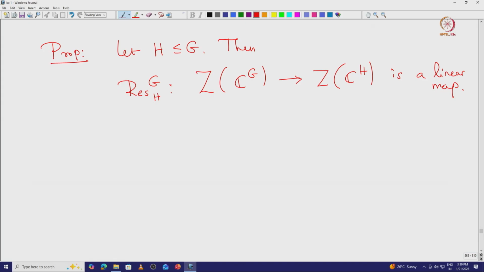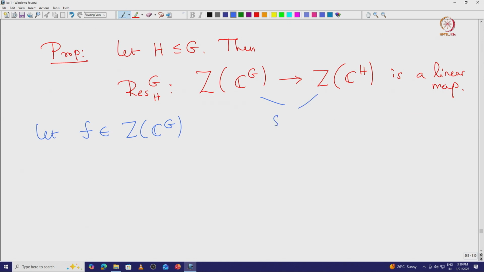Basically what we need to verify is, if we take a class function f from Z(C G), then the image of that f, that means the restriction of that function to H, is again a class function, which is indeed a one line proof. So, let f be from the space of class functions.